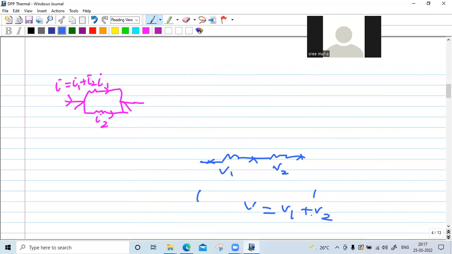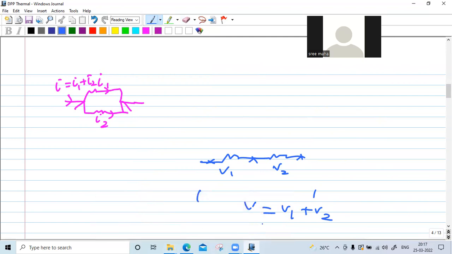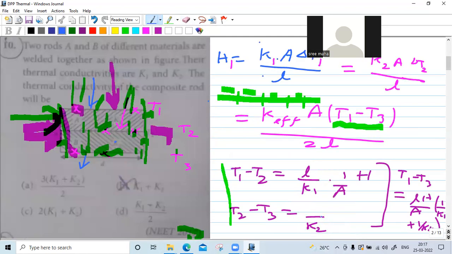In the thermal case, what is driving the heat current is the temperature difference. The temperature difference of the composite is delta T1 plus delta T2. That's what I did here. Delta T1 is T1 minus T2, and delta T2 is T2 minus T3.